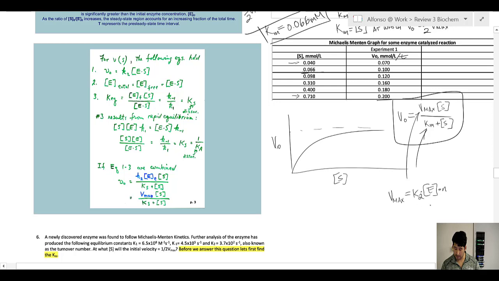Every single one of these numbers right here is a constant. Unless you decide to add more enzyme, then it's not a constant. But you assume that the amount of enzyme is constant throughout the whole experiment. Okay, so Vmax is a constant, and so is Km.